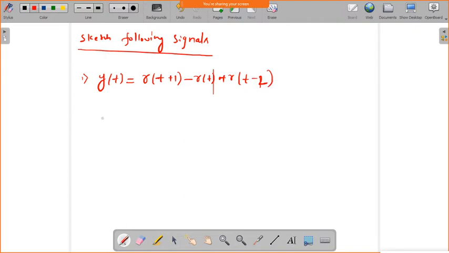Okay, so sketch this signal, and also one more, you can take y of t, which is equal to r of t plus 2 minus r of t minus 1 plus r of t minus 2 minus r of t minus 1.